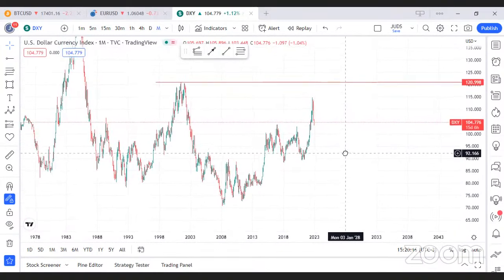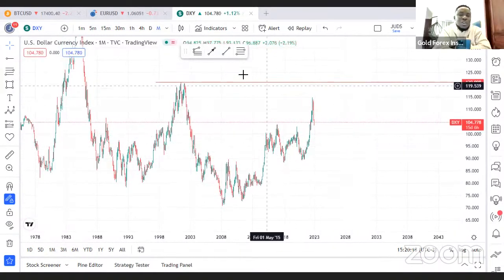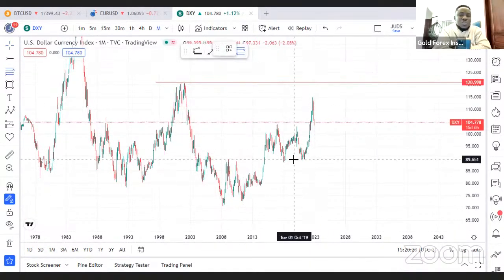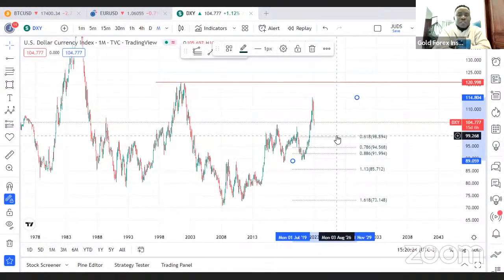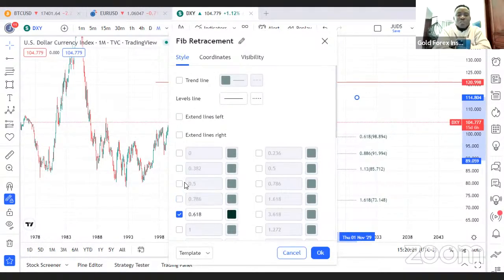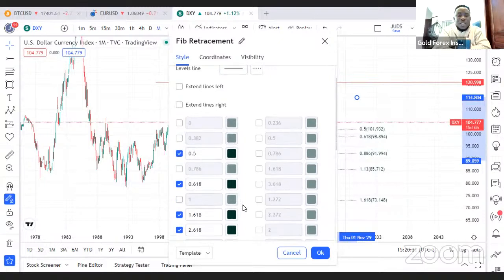So I'm expecting it to come to either 61.8 of the current impulsive move or 50. 61 will form a zigzag and 50 will form a flat.